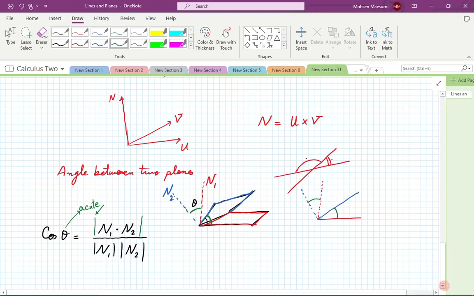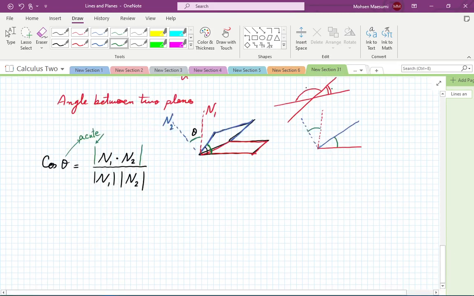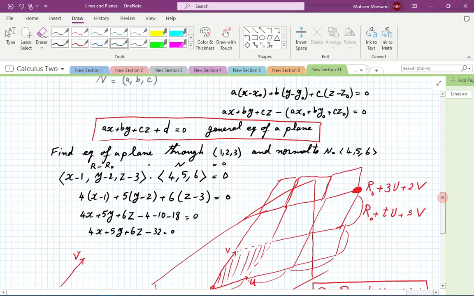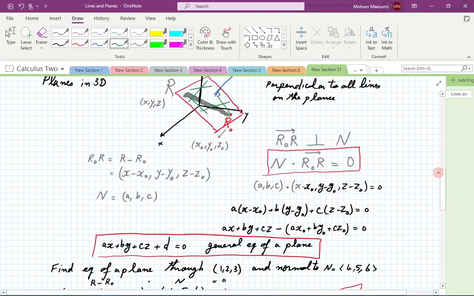So again, the details I'm going to leave to you for the example. In the homework, you extract the normals. How do you extract the normals? Well, if a plane is given to you, how do you get the normal of it? Well, you take the multiples of x, y, z, a, b, c.